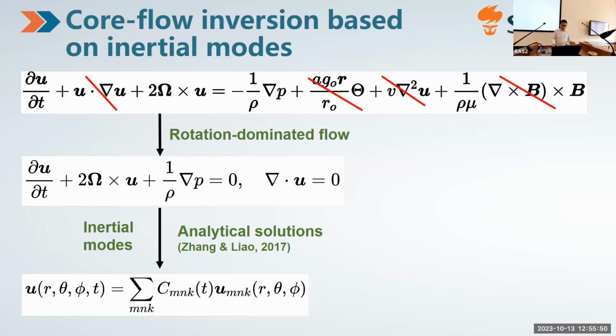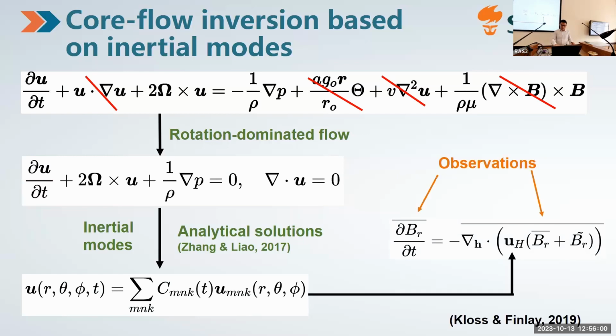The idea is that we can expand the core flow into a linear combination of the different inertial modes, and then plug this into the magnetic induction equation. If we have the observations of dB/dt and B, the inverse problem becomes solving for the coefficients of these inertial modes.